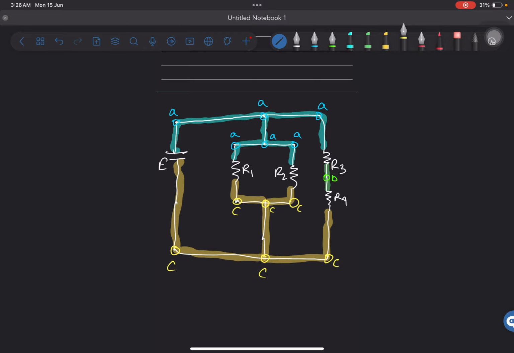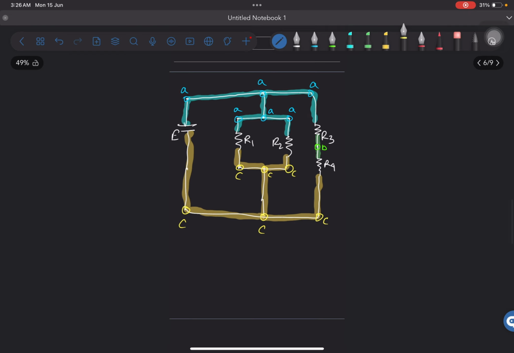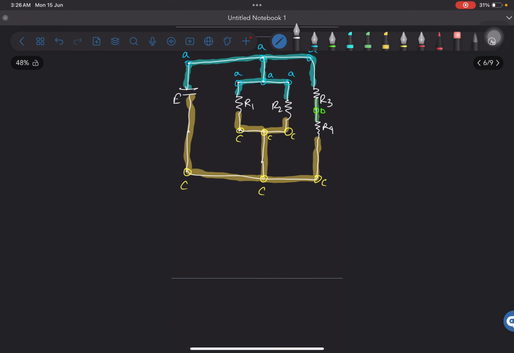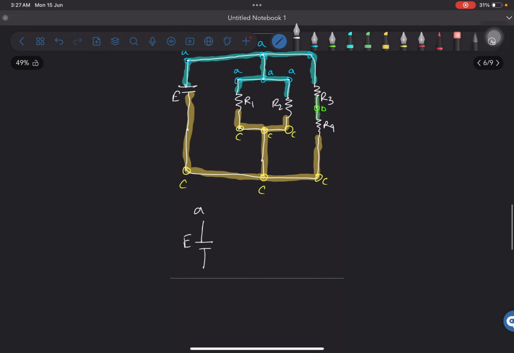And for now, I'm going to ask you again to try to redraw this circuit on your own, because now I've shown you all of the nodes. So pause the video and try for yourself. Well, at first we draw E, which is over here, and then of course this is A. And then what do we see?